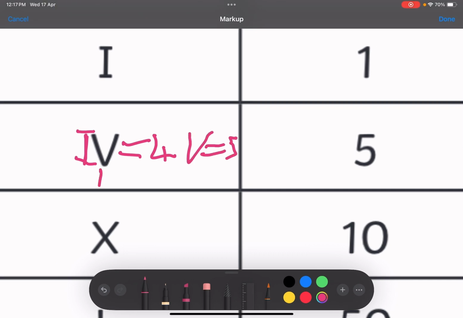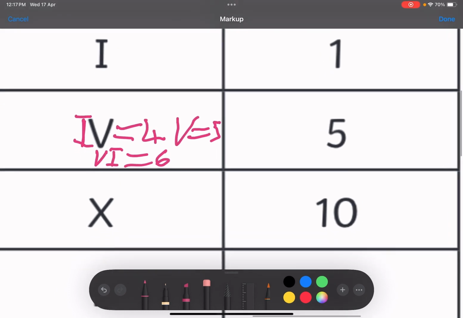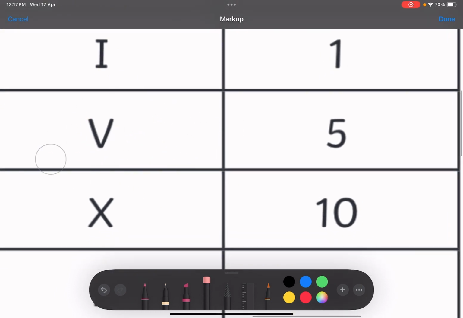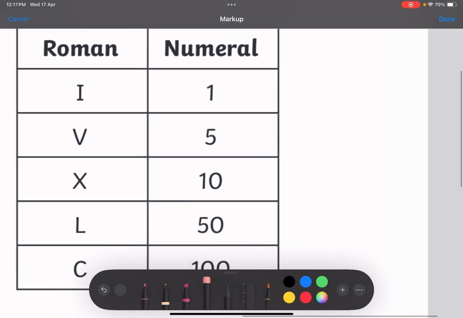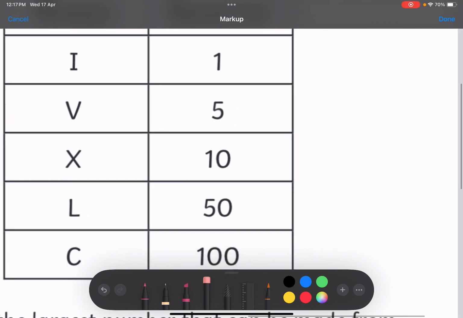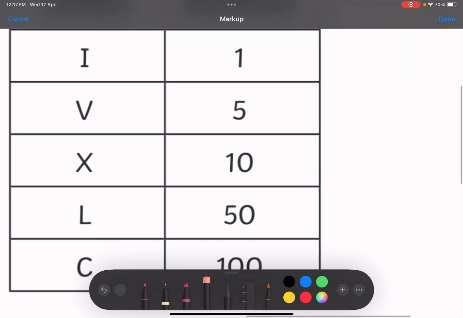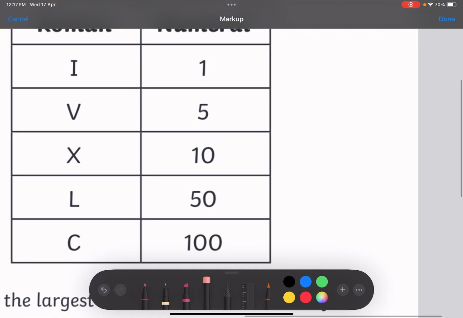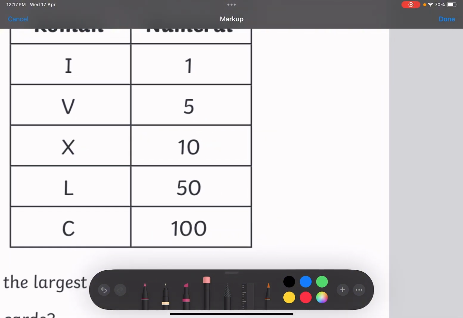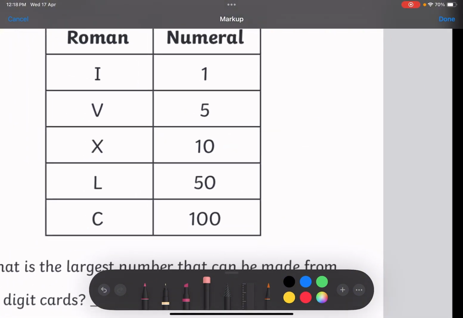And then VI equals 6, VII equals 7, and on until you reach 3 I's. You can never go over 3 I's in anything. Hopefully you get it.